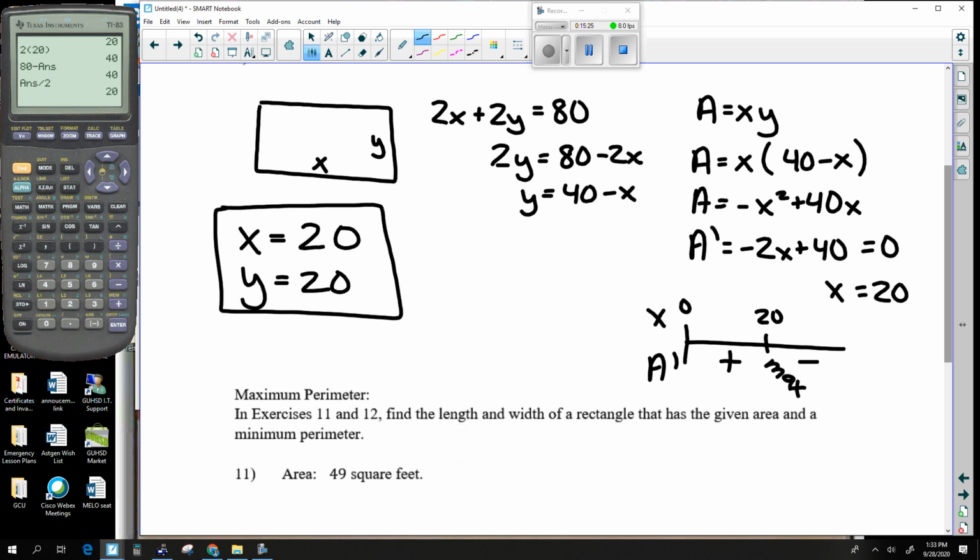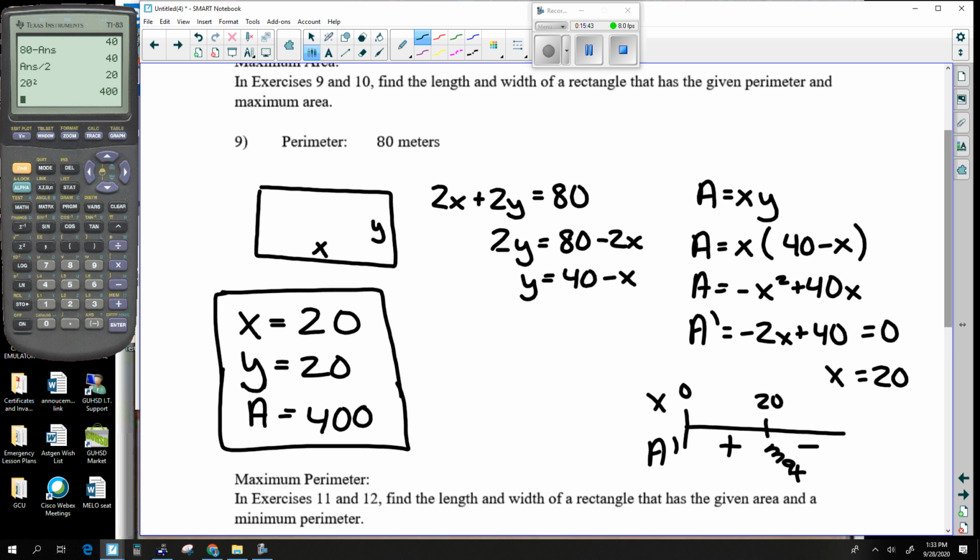Oh, and the maximum area, sorry. You need to answer that as well. These are the dimensions, and thus the maximum area is 400 meters squared.